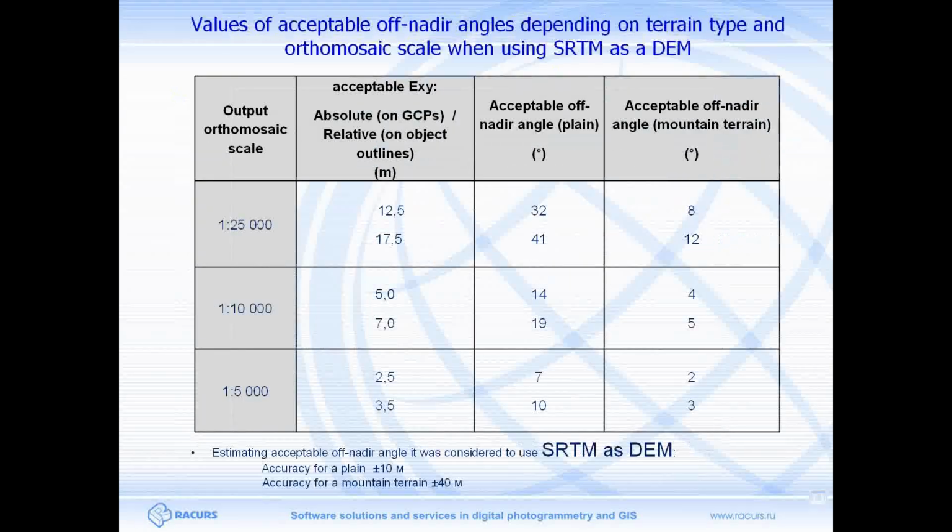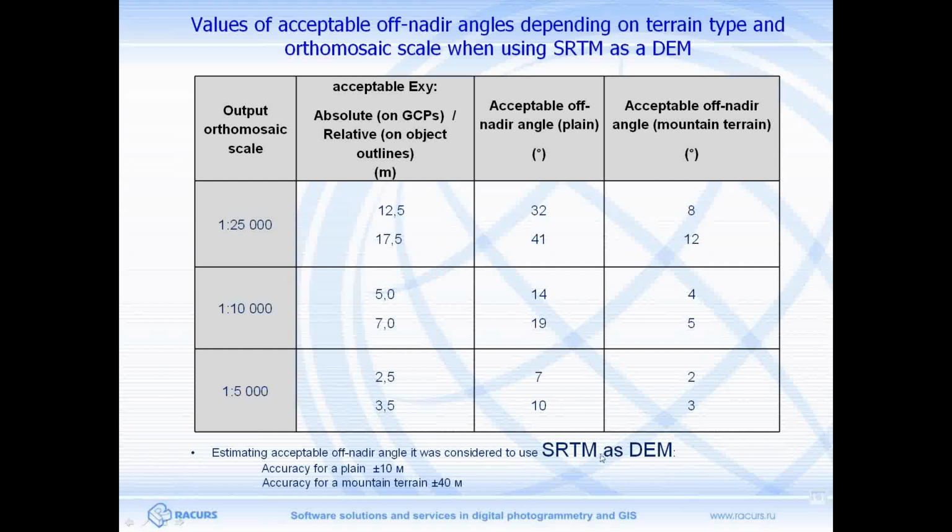And based on that, we can calculate which angle can be used to achieve the output product of predefined accuracy. We can consider, for example, the SRTM model as digital elevation model, and for different kinds of angles, we can calculate which output scale we can reach after the processing. So as you can see, for 5000, we have to have a very nadir aerial survey.